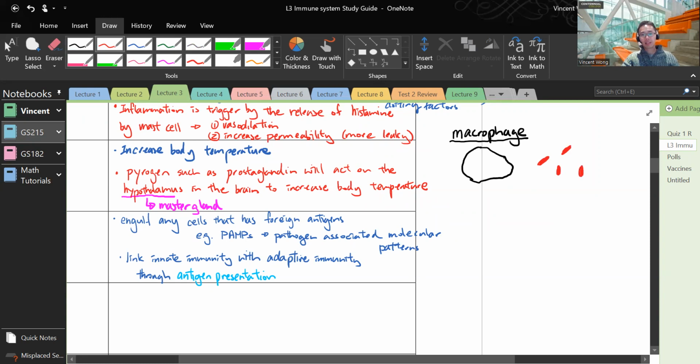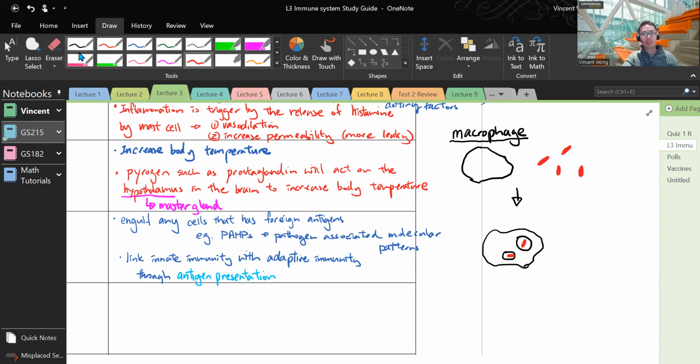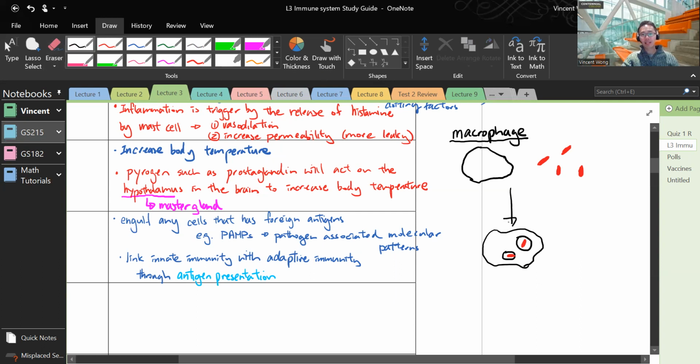Because it is a phagocyte, it will go ahead and eat them up. Afterwards, what's going to happen is the phagocyte will eat the bacteria and surround them in little vesicles. Let's just say it eats two. So this process, as you know, is called phagocytosis.